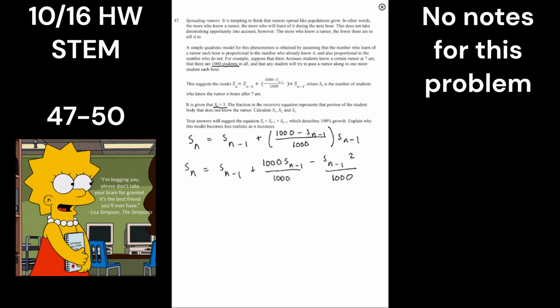Here it's really nice. We can see that 1,000 and 1,000 cancel out, so I'm just going to cross that out, and then s to sub n minus 1 and this one are like terms, so we can just add them together. So then we get s to the n equals 2 s to the n minus 1 minus s to the n minus 1 squared over 1,000.